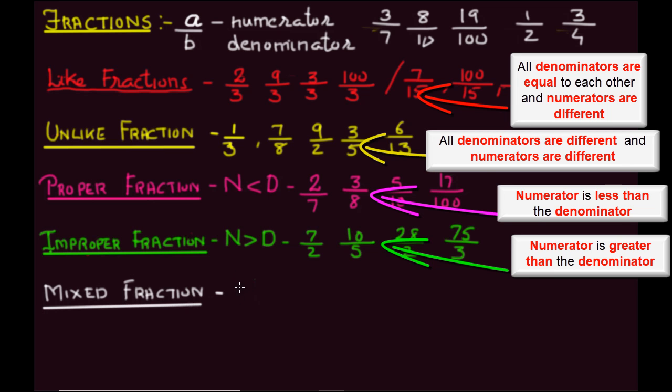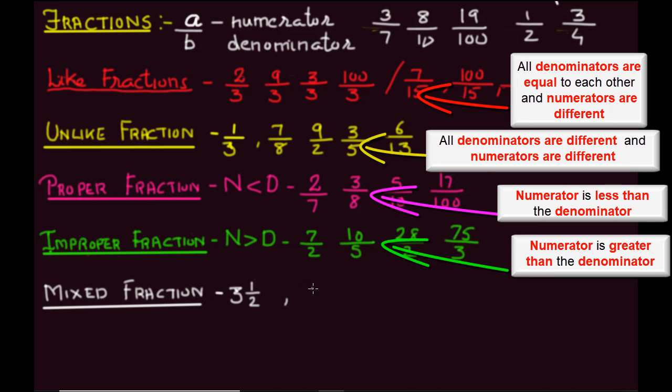Can you give me a whole number? For example, you have the number 3. It's a whole number. And give me a proper fraction, 1 by 2. So the whole number with the proper fraction is called the mixed fraction.